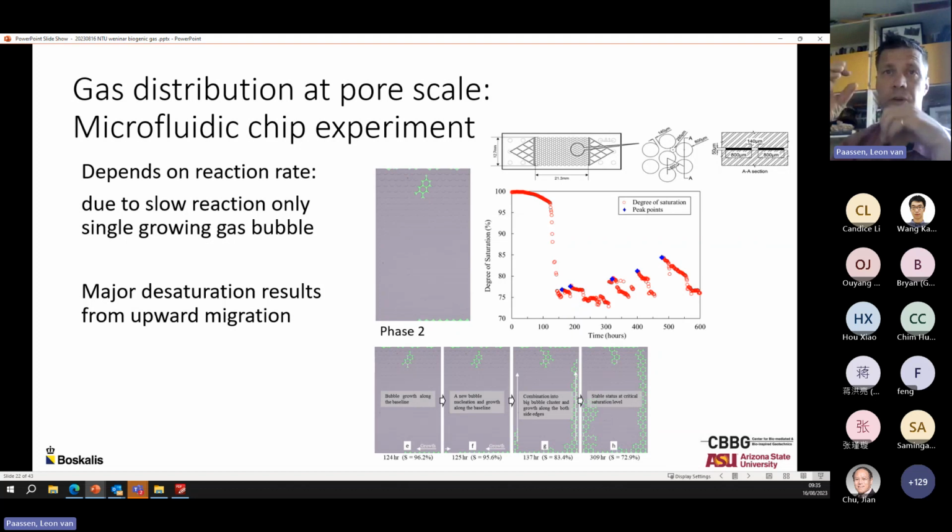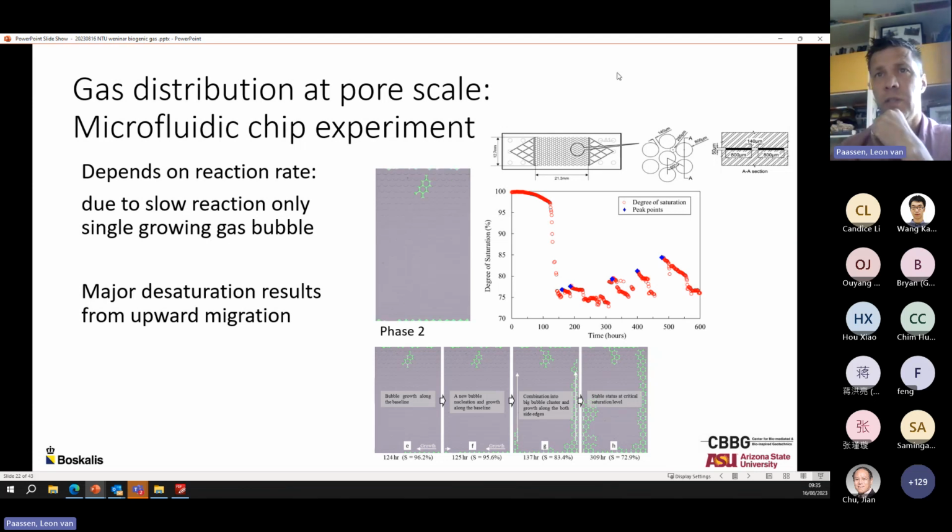This is because there's a threshold for gas bubble formation. For gas to go from the liquid phase to the gas phase, you have to exceed an energy barrier. It requires less energy to diffuse to an existing bubble than to form a new bubble.